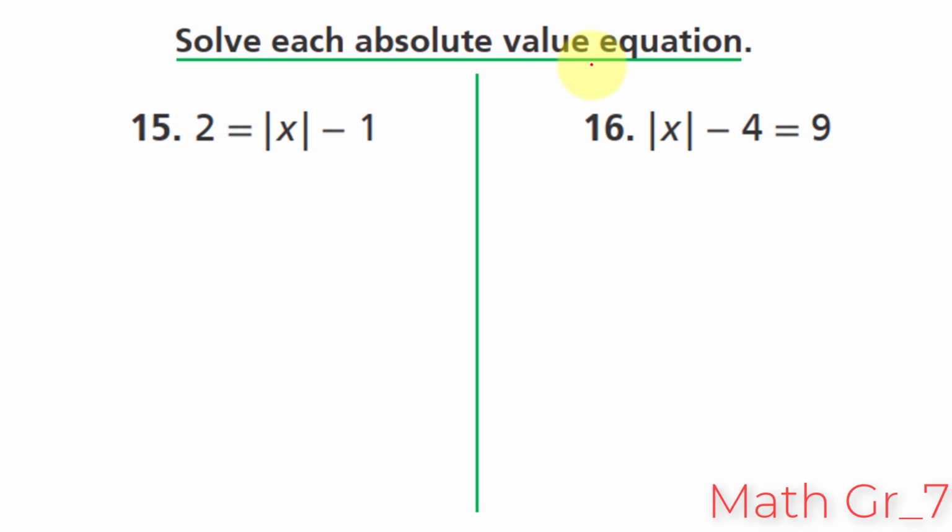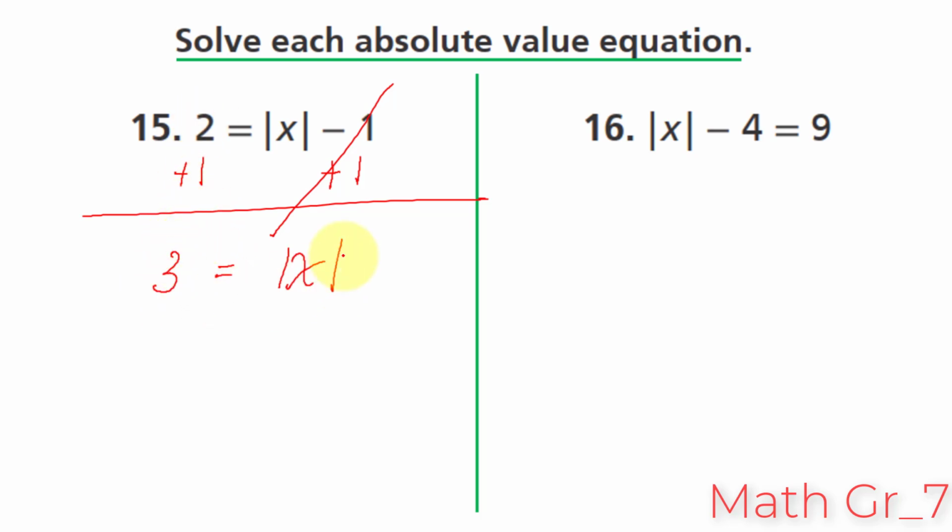Next, solve each absolute value equation. How can we solve 2 equals absolute value of x minus 1? We have minus 1. Now use the inverse operation to isolate absolute value of x. Just add 1 to both sides. Now we can cancel, and we get absolute value of x is equal to 2 plus 1 equals what?